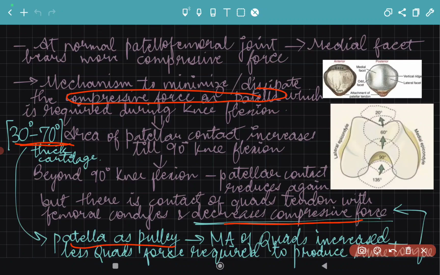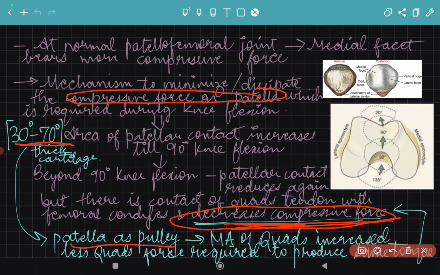The quadriceps will have to generate lesser force comparatively. The work or the burden or the load of the quadriceps will reduce because of the patella acting as a pulley. So the same amount of torque production will require comparatively lesser force production by the quadriceps muscle, which will also help in decreasing the compressive force on the patellofemoral joint.